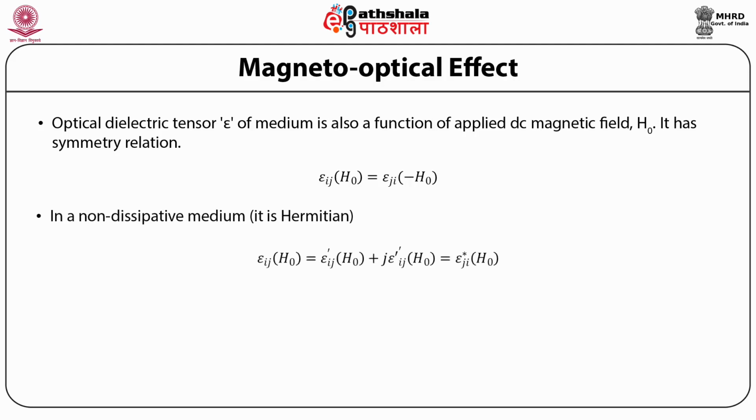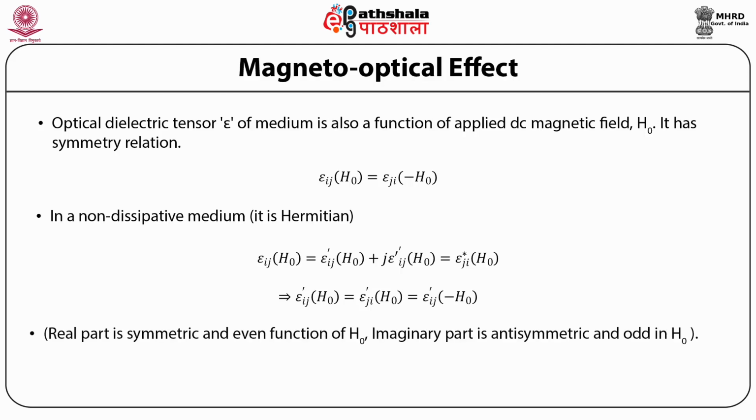That is, ε_ij(H₀) equal to ε'_ij(H₀) plus j ε''_ij(H₀) equal to ε*_ji(H₀). This implies ε'_ij(H₀) equal to ε'_ji(H₀) equal to ε'_ij(−H₀). That is, the real part is symmetric and an even function of H₀. The imaginary part is antisymmetric and odd in H₀.